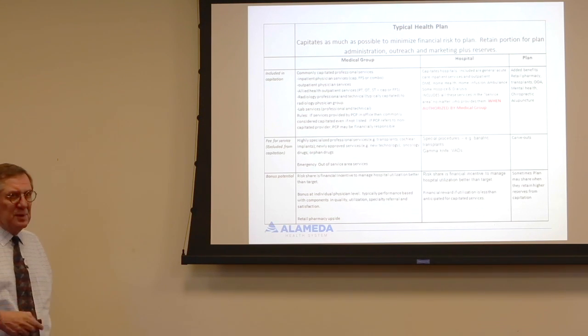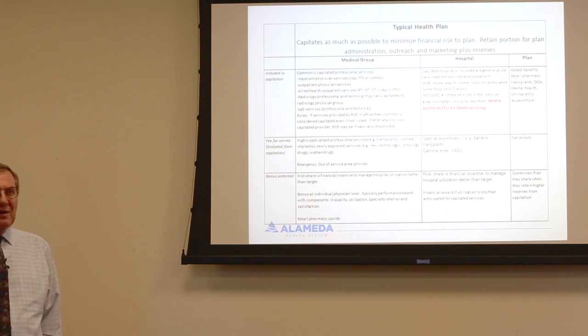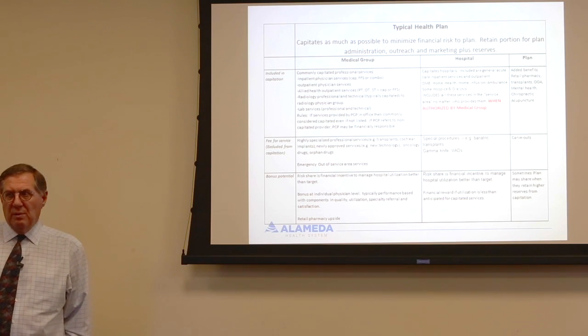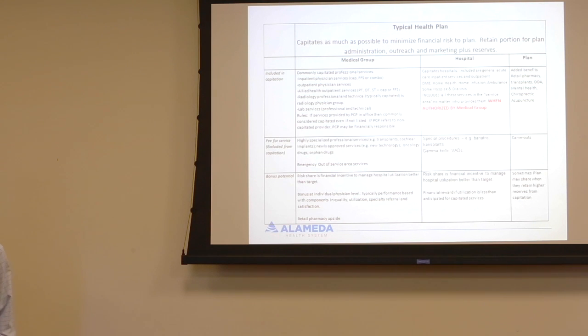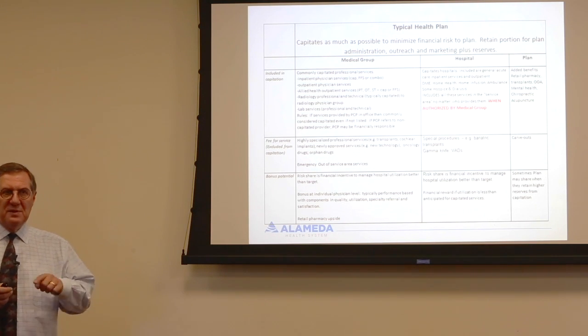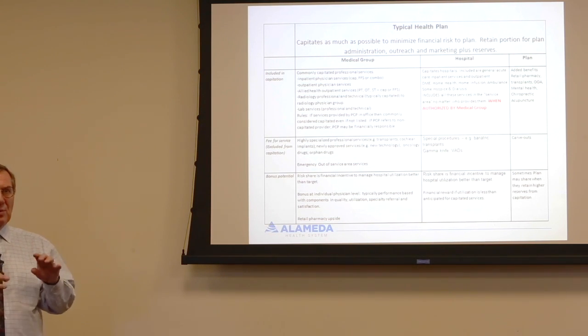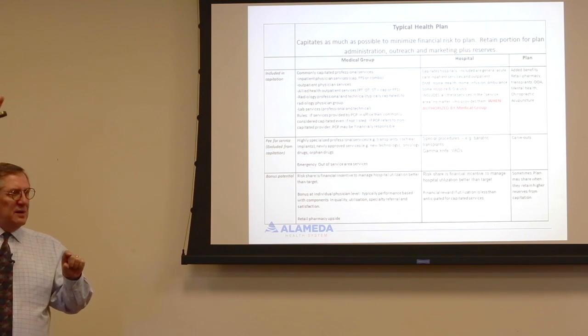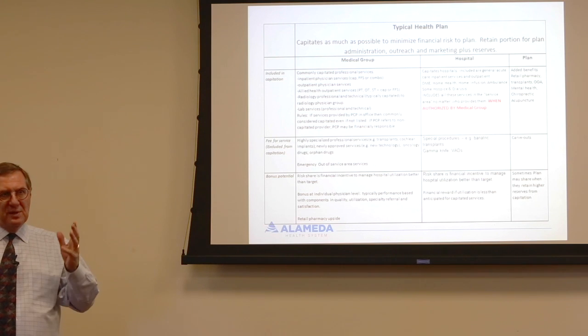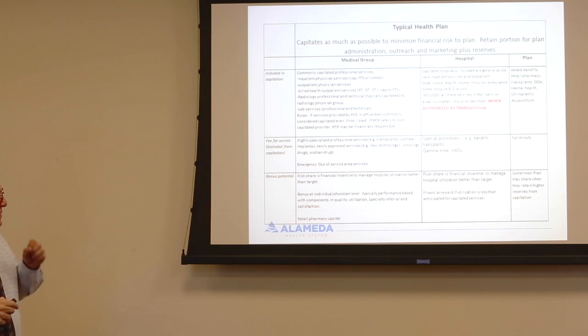So why would you do this? Well, because there's not enough volume here to make it a predictable cost. And if it's not predictable, then you really can't cap it, because you get paid pennies, and then you'll have one event which is huge, and then somebody goes out of business. So something gets paid fee for service.